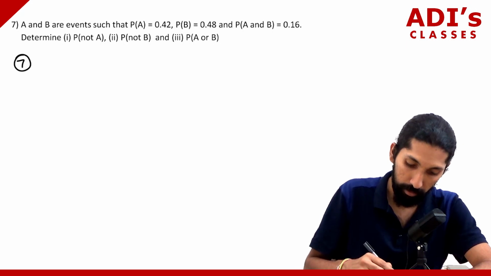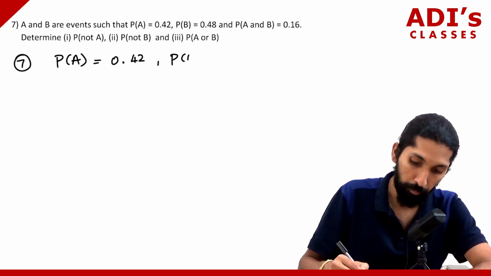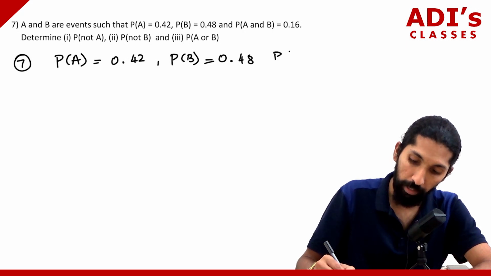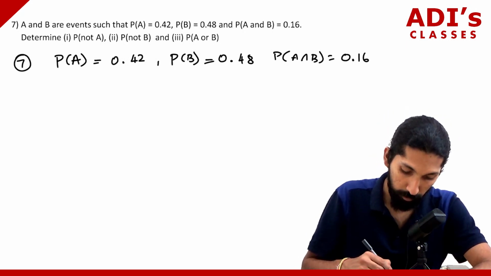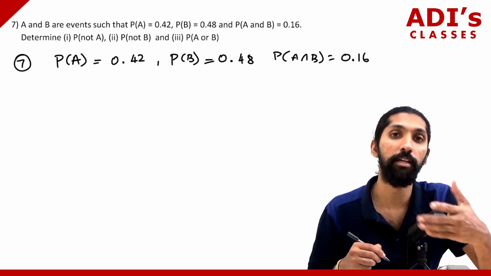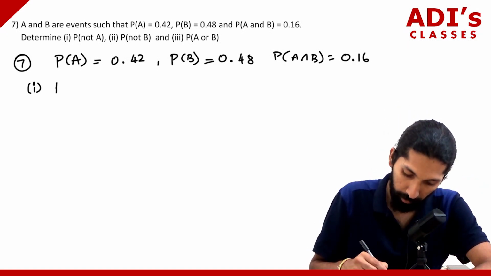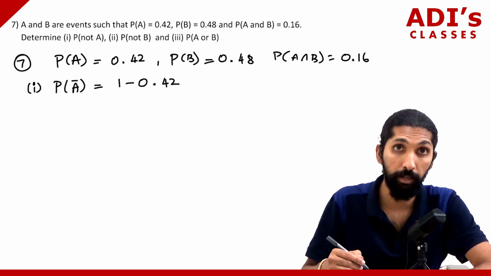A and B are events such that P(A) is equal to 0.42, P(B) is 0.48, and P(A intersection B) is 0.16. Correct. First one, P(not A) is complement of A. So the first one is going to be P(A complement), which is 1 minus 0.42, 1 minus P(A), correct?